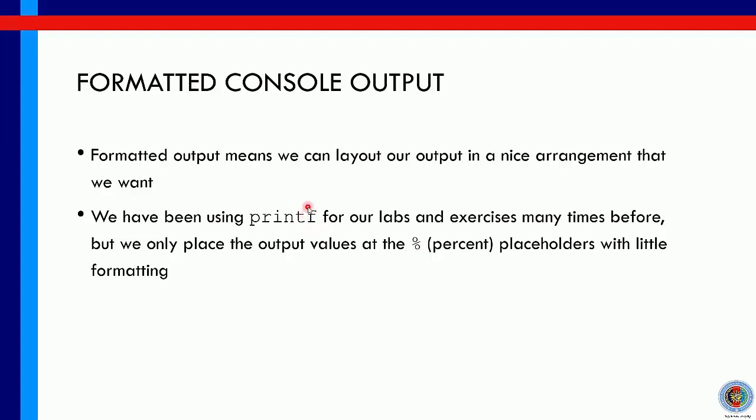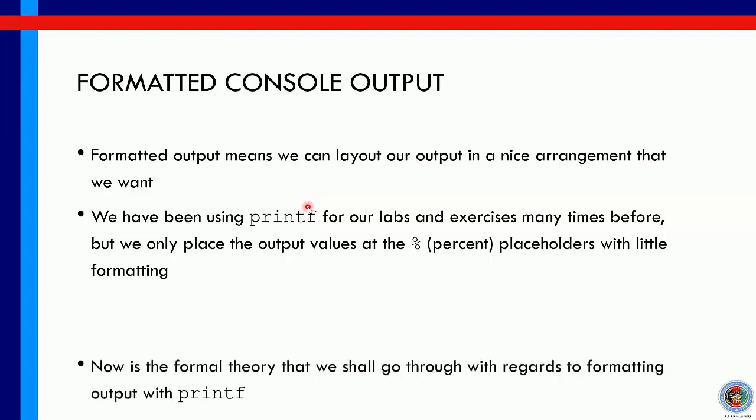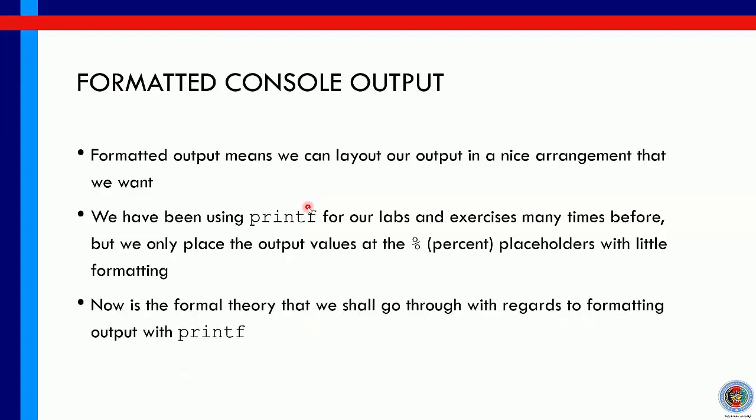The f in the function printf actually refers to formatted, but so far we have not been formatting our output so much. So in this chapter, we will see in what way we can format our output.